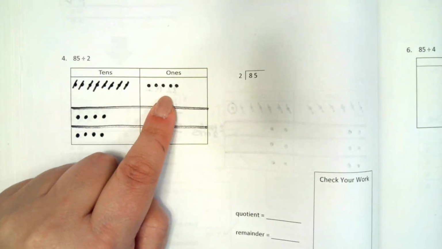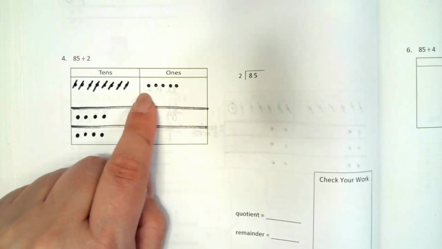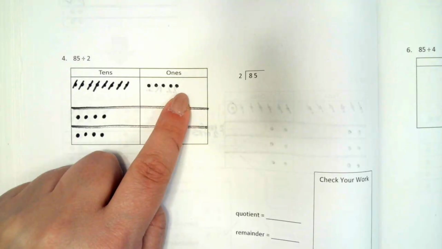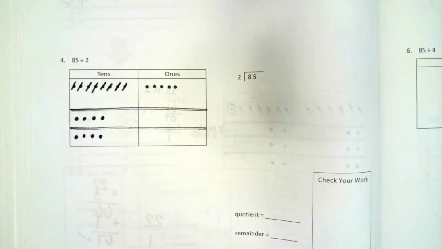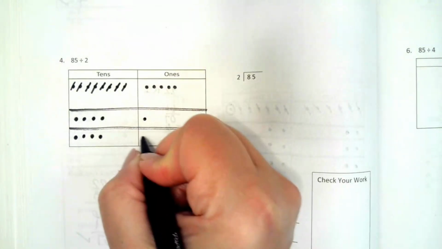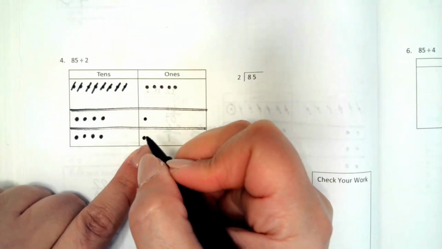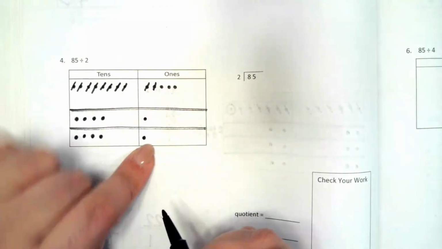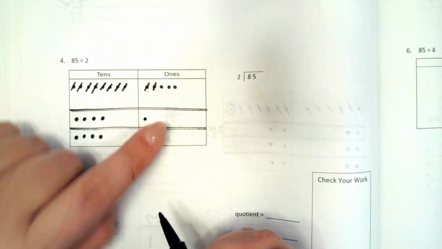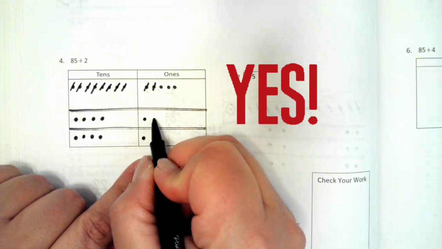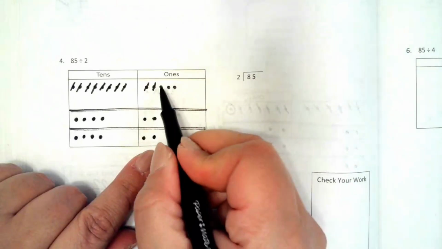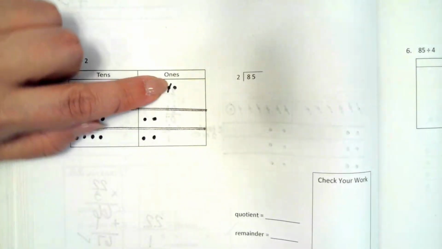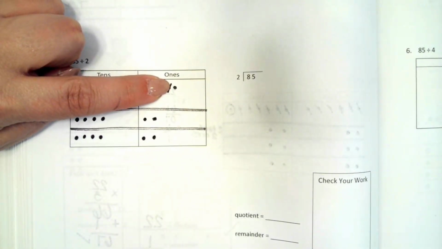Now we're going to distribute the ones. There are 5 ones. Start by putting 1 in each group. 1 here and 1 here. How many do we cross off on the top? 2. Can we put 1 more in each group? Yes. And then cross off 2 more. Now look, there's 1 left.